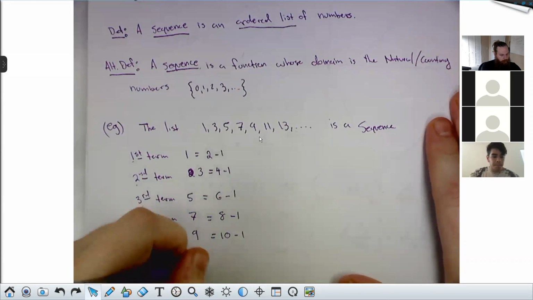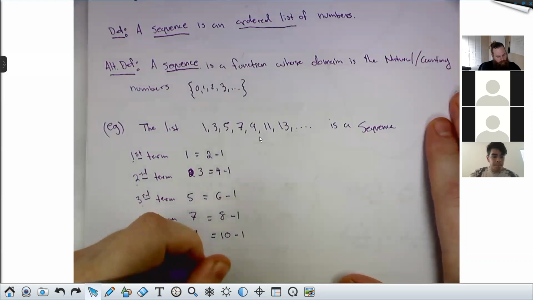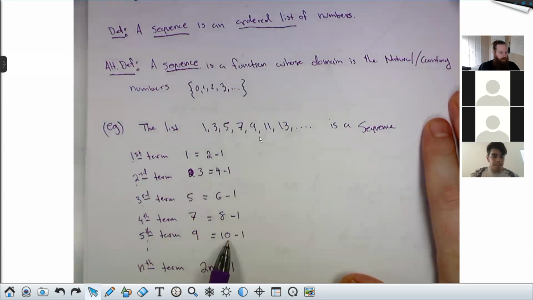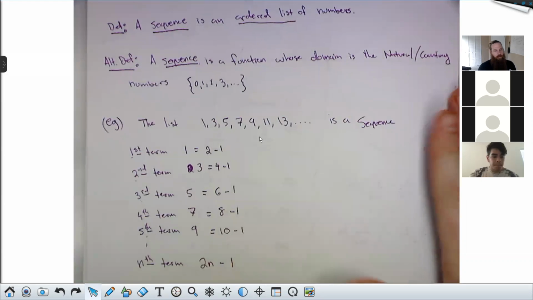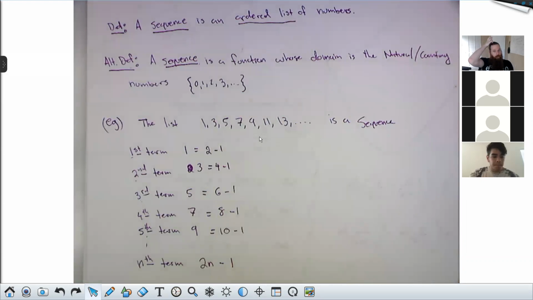So the nth term would be 2n minus 1, right? This is 2 times 5 minus 1, 2 times 4 minus 1, 2 times 3 minus 1, 2 times 2 minus 1, and 2 times 1 minus 1. So I'd say the nth term here is 2n minus 1. And this sort of pattern recognition is a great place to start looking at sequences.